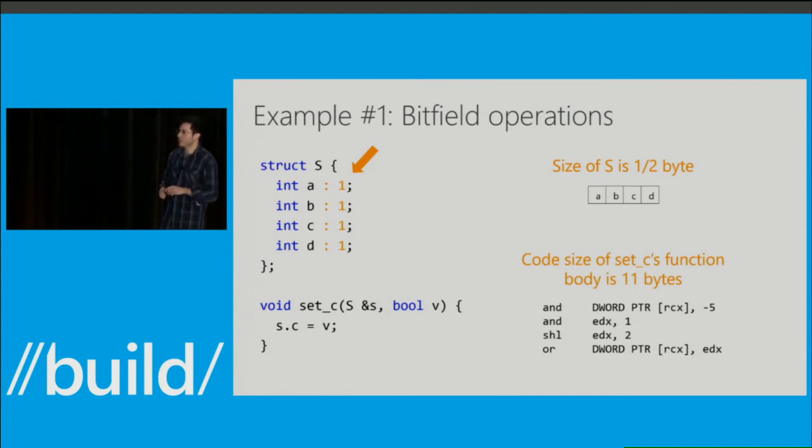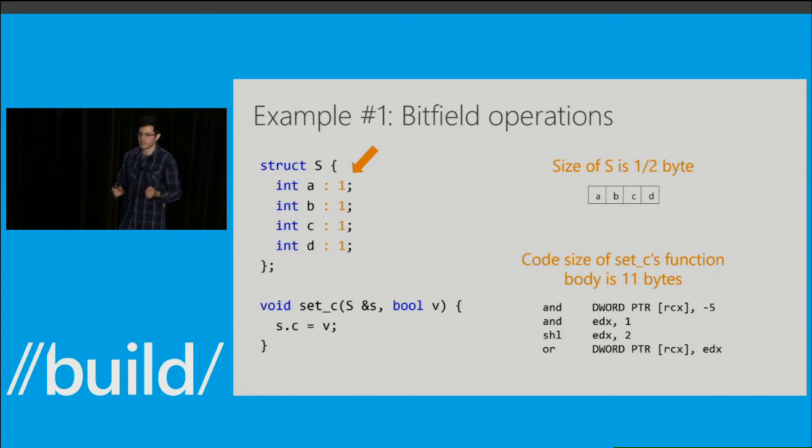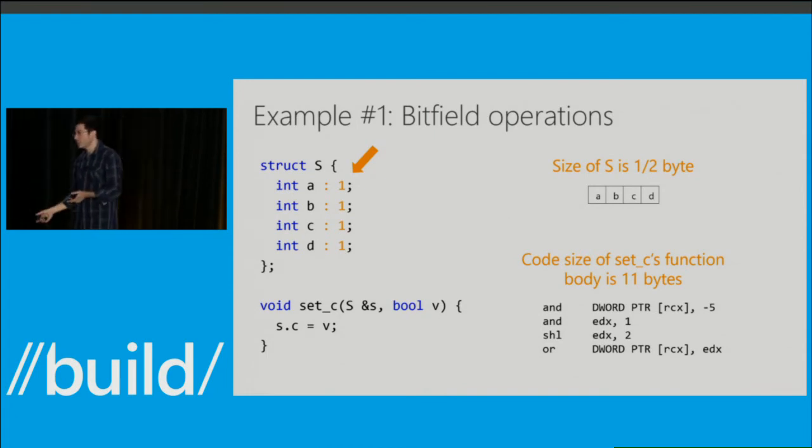Until you look at the size of the function body for setC. There are no bit storing operations that work for memory. There just aren't any. You can only load bytes, or 2 bytes at a time, 4 bytes at a time, or 8 bytes, or 16 bytes at a time, or 32 now. You can't do bit manipulation.